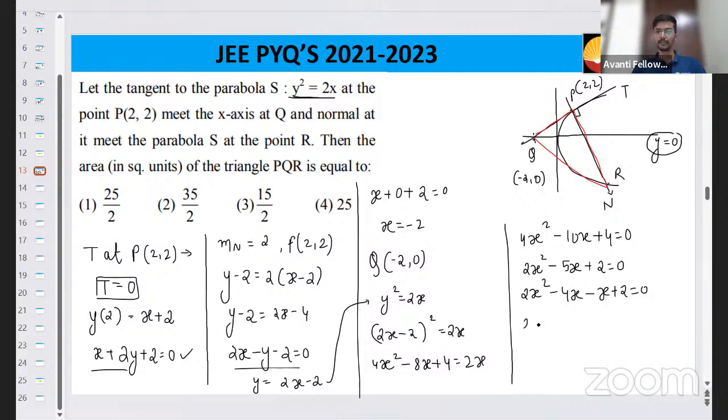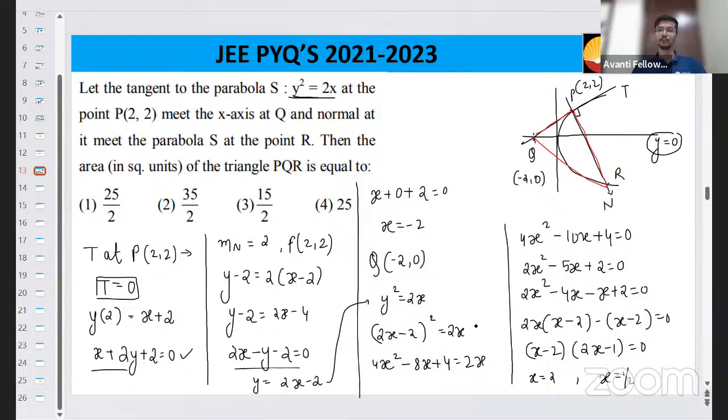So we can take 2x common. I'll get x minus 2, and minus 1 common, x minus 2 equals 0. So that means we got x minus 2 and 2x minus 1 equals 0. That means x equals 2 or x equals half.